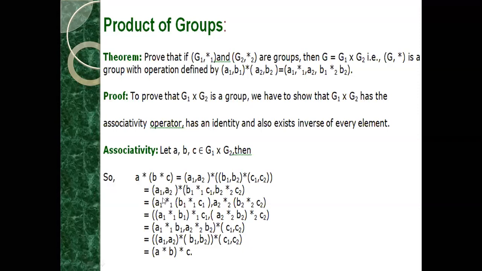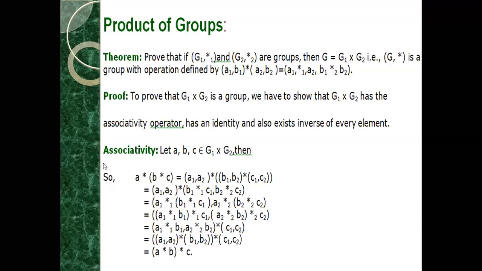We get A1 star 1 (B1 star 1 C1), this is one element, and A2 star 2 (B2 star 2 C2), this is another element. So this is the first element of the ordered pair and this is the second element of the ordered pair. The first element has the first group operation and the second element has the second group operation.